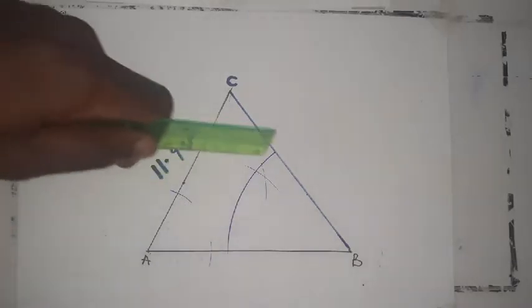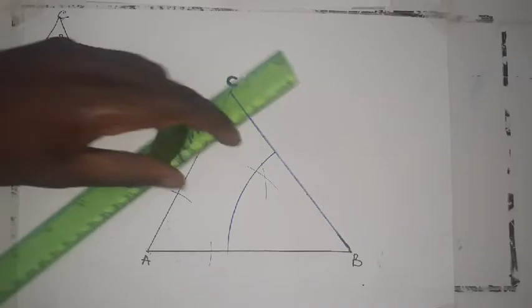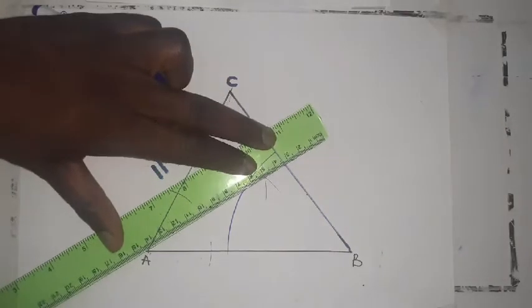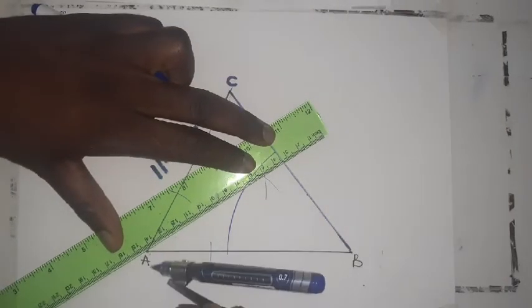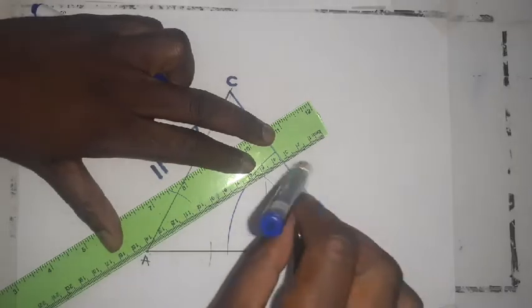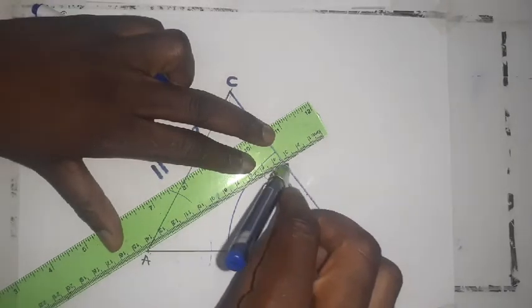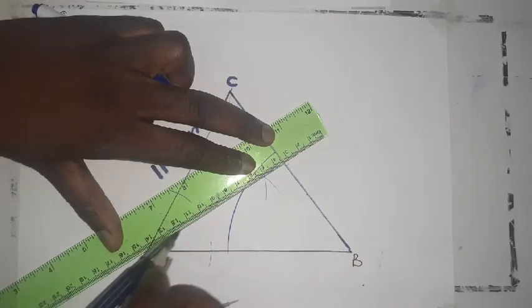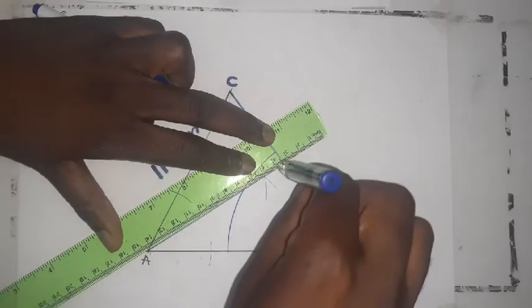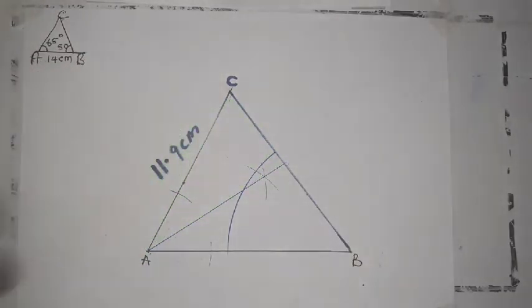Then where these two arcs intersect, we draw the locus, the line from this point. Are we there? That is what we are supposed to do. I hope you are following me.